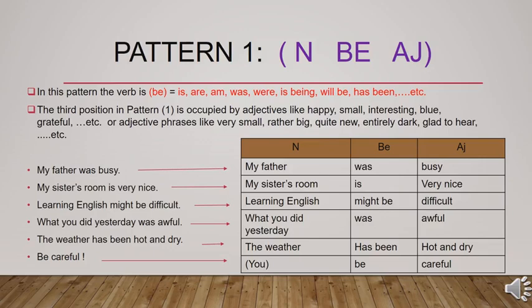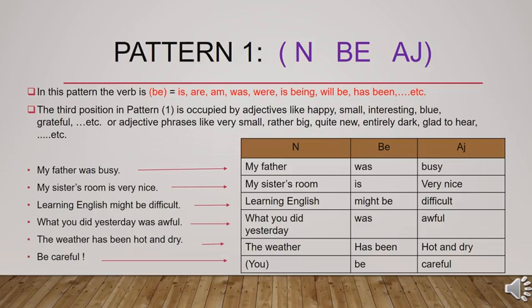Now let's have some examples of this pattern. My father was busy. Was is the verb in this sentence. It is one of the verbs to be. My father is the subject. It is N. Busy is an adjective. It is adjectival. So we have N, be, adjectival.